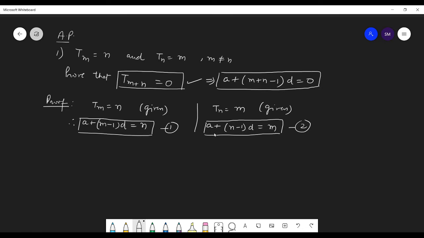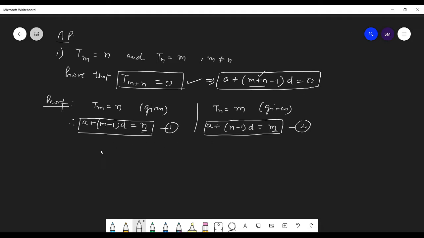So how can you combine these two equations, students? The important thing is you need m and you need n. How can you get m and n? I want this n to remain n, and this m to remain m. So you can add these two equations. You need m plus n here.